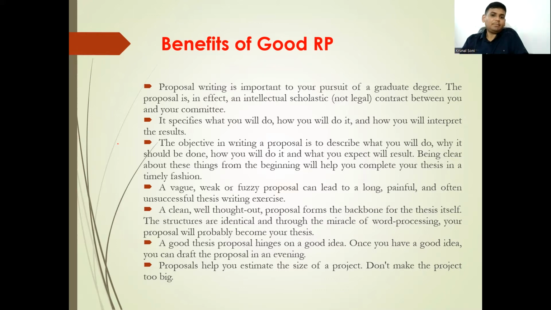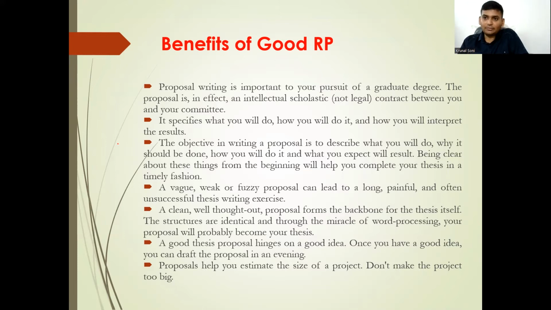Okay, so the objective of having a good research proposal is that it will help you describe what you will do and why it should be done, right? What you are going to do, why you are going to do it, how you will do it, and what results you expect out of it. Being clear about these things from the beginning will help you complete your thesis in a timely fashion, right?